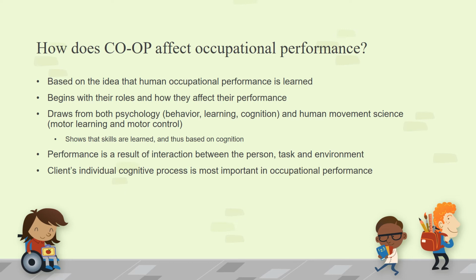And the CO-OP approach draws from both psychology and human movement science, and drawing from these 2 different studies shows that skills are learned, and thus the skills are based on cognition. So it also shows that performance is a result of the interaction between the person, the task, and the environment, and that a client's individual cognitive process is the most important in occupational performance when they're learning new skills and how to perform different tasks.